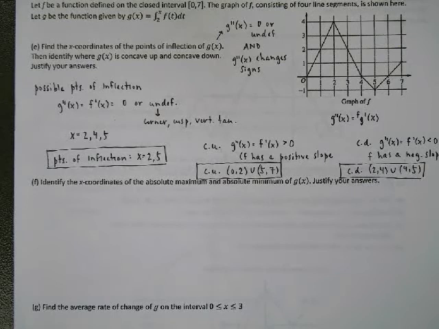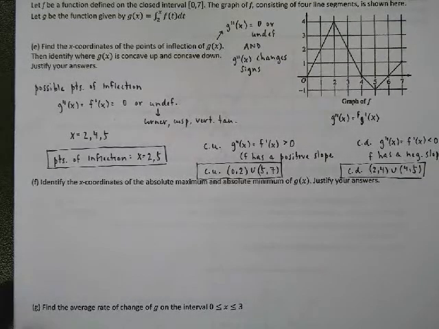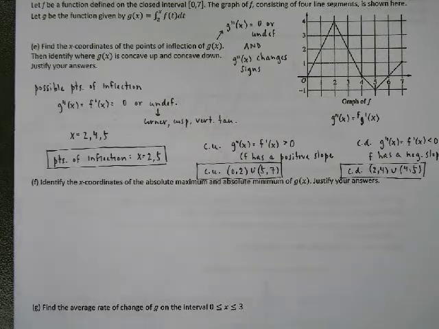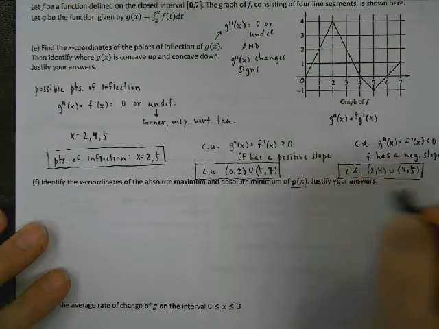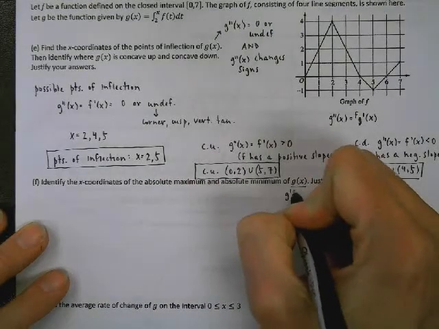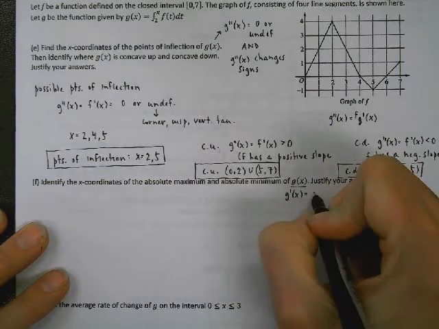Okay, next part. Now we want to know the x-coordinates of the absolute maximum and absolute minimum values of g. So at this point, we're kind of beyond looking for critical points, and we want to know about those absolute extreme values. So again, if I'm looking for the extreme values of g, I'm looking for where g prime of x equals f of x is equal to 0.